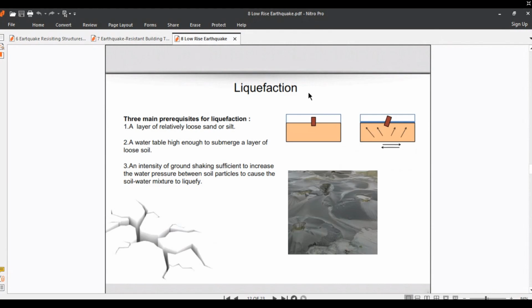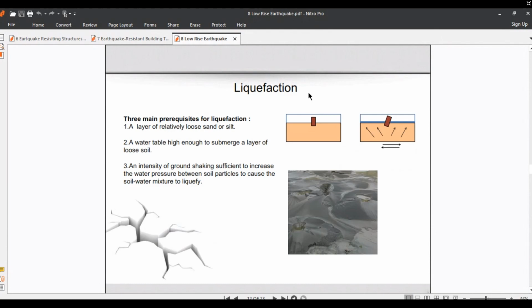We have three main prerequisites for liquefaction occurring. First, a layer of relatively loose sand or silt in the site plan. Another prerequisite for liquefaction is a water table high enough to submerge a layer of loose soils.